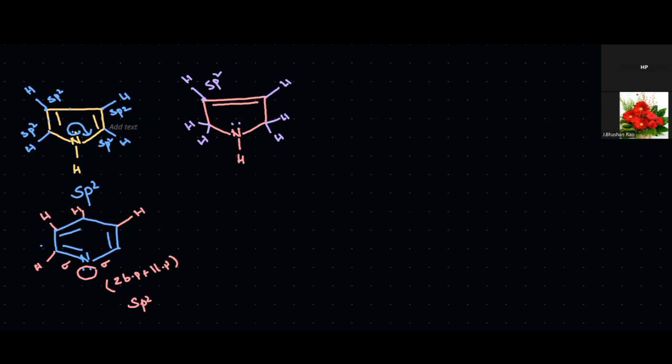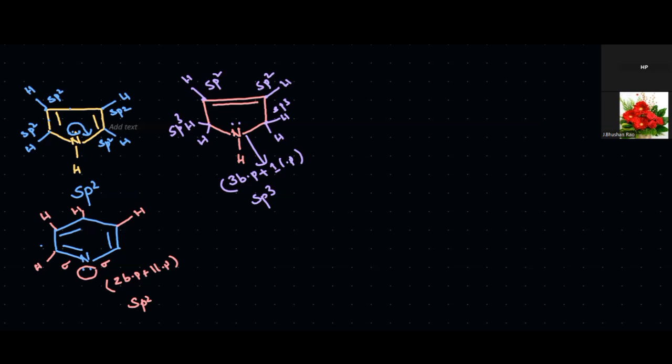Here this carbon has 4 bonds, so the hybridization is sp3. What about this one? sp3 hybridization. Now for nitrogen, there is no conjugation with the adjacent atoms. Consider here 3 bond pairs plus 1 lone pair, 4. That means sp3. Here nitrogen is an sp3 hybridized atom. Okay? So this is how we identify the hybridization of the given molecules, and we can easily do it for that kind of molecules.